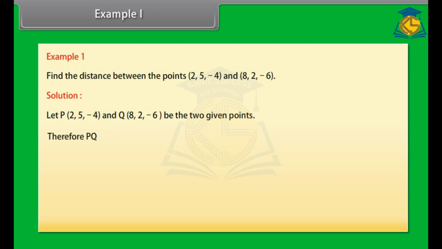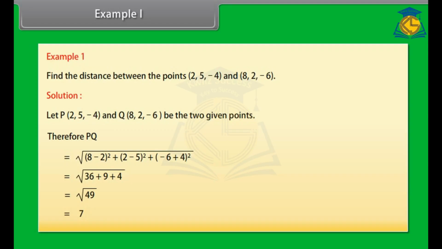Therefore, PQ = square root of (8 − 2)² + (2 − 5)² + (−6 + 4)² = square root of 36 + 9 + 4 = square root of 49 = 7.